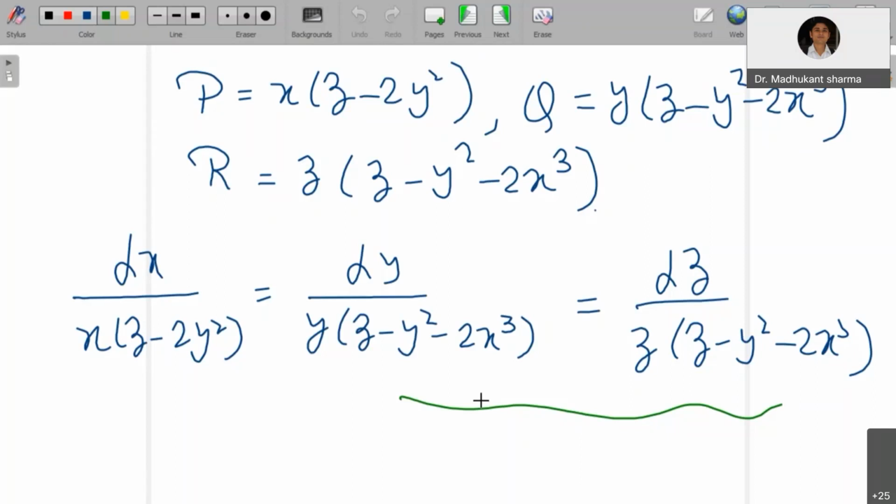What we can do is get rid of this z somehow in the denominator by subtracting, but I don't know how much it helps us.